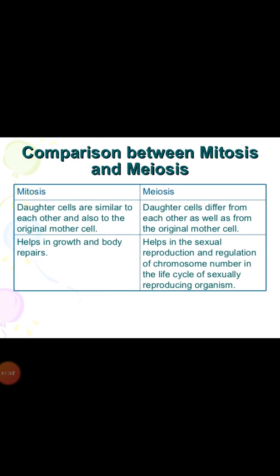In mitosis, daughter cells are similar to each other and also to their original mother cell. In meiosis, daughter cells differ from each other as well as from the original mother cell.